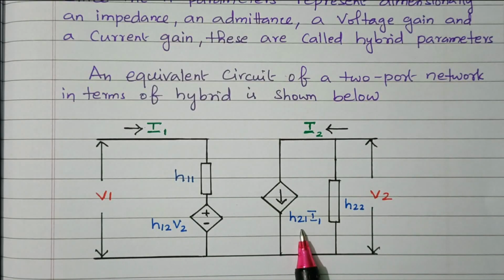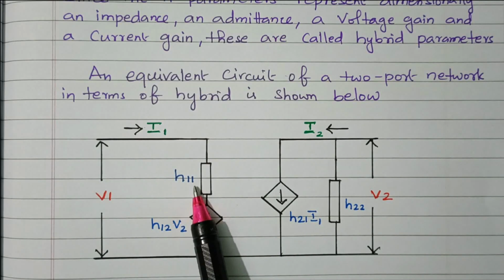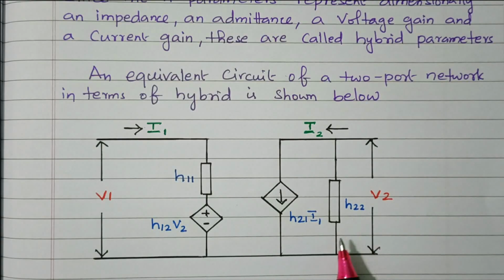Then H21 is nothing but the short circuit forward current gain, so it is connected here. So all four parameters we have: this is the voltage gain, current gain, impedance, and this one admittance. By using these four parameters, the equivalent circuit is drawn.